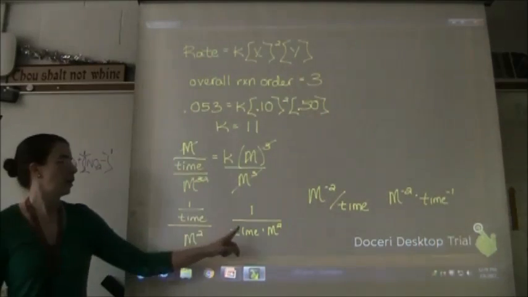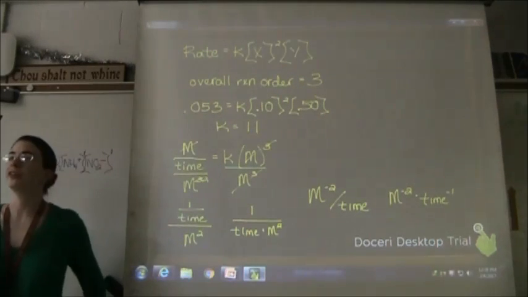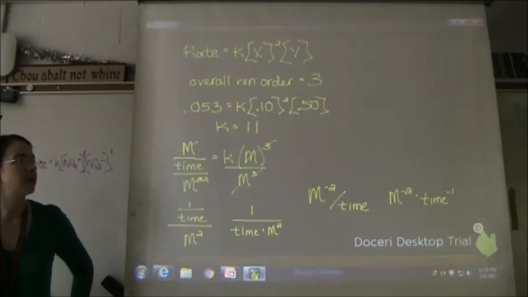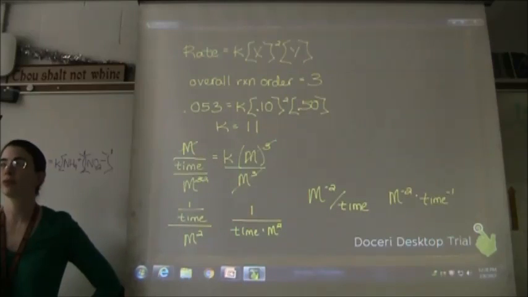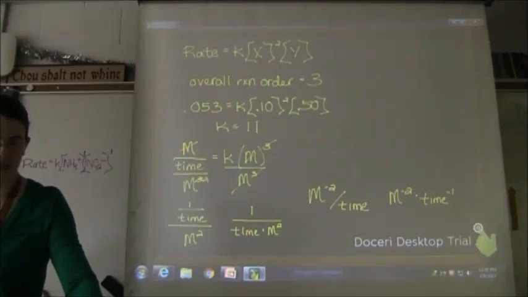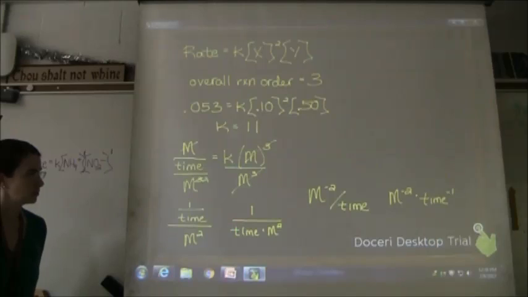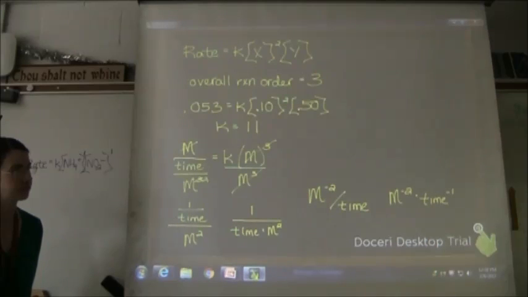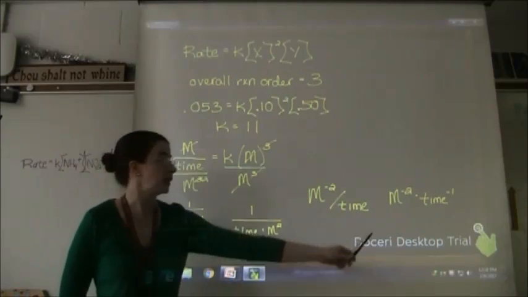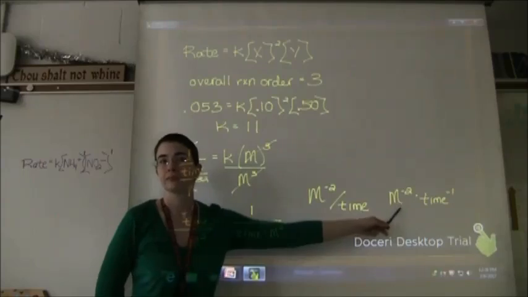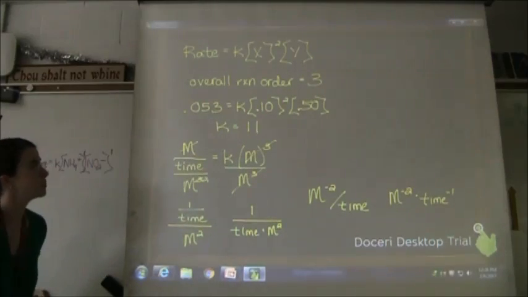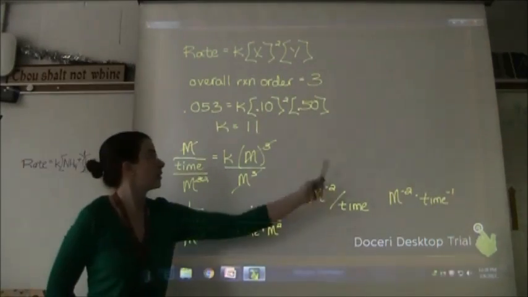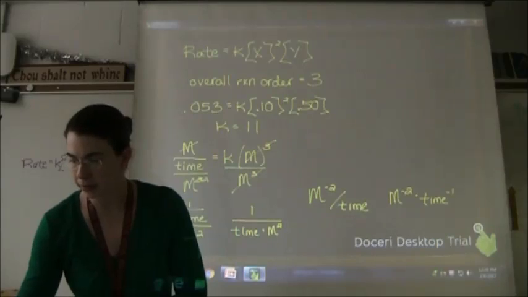Ladies and gentlemen, all 4 of these are exactly the same thing. It is your preference. Okay? I'm typically going to write it like this. So I'm going to now take that unit and I'm going to attach it to that number.